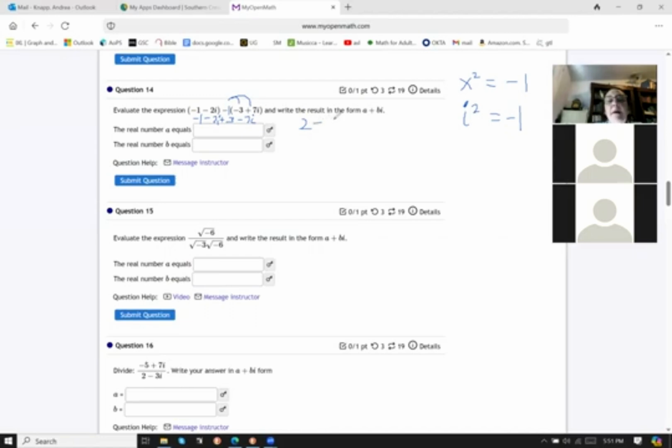That's going to be -9i. And now we do have it in the form a plus bi, where we have the real part plus the i part, the imaginary part. The real number a equals 2. And the real number b, which is the number in front of the i, would be -9.